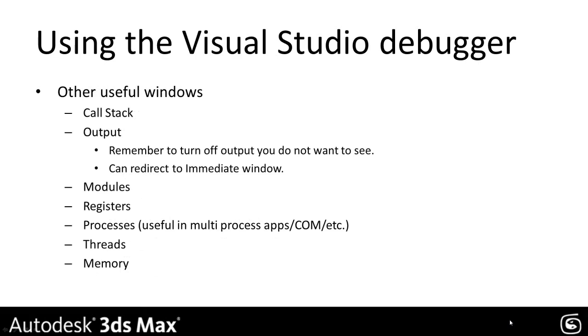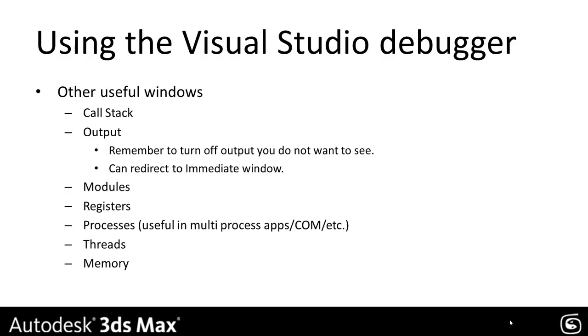And there are also some other windows. We won't go into details, but just know, of course, there's the call stack window, the output window. So remember to use that right click to turn off output you don't want to see. There's also a way to redirect some output to the immediate window. The immediate window is something that Visual Basic uses a lot, but it's up to you. It's another output window basically.